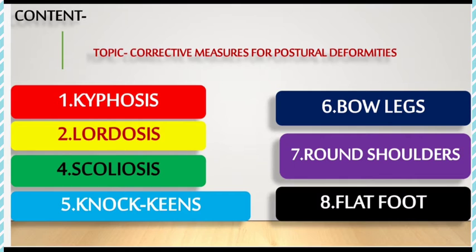Okay, so in this class video I'm telling you how to correct this type of deformities, which type of exercise we do, which type of workout we do, and which type of care to take of your body to prevent or cure these types of deformities. Okay class, so let's start the class.